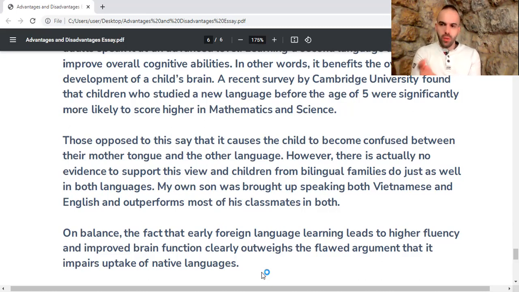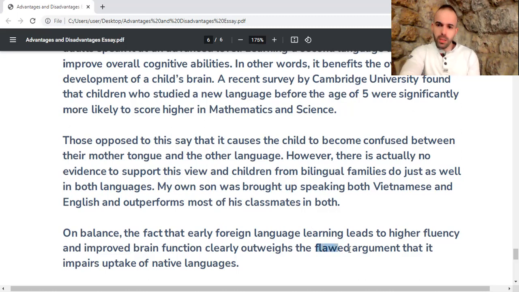So if you go back to the introduction, by the way, you would notice that the conclusion is completely paraphrasing the introduction. That's it. So the conclusion is a paraphrased version of the introduction. And as you can see, I have included my opinion again when I said clearly outweighs this. So you have to restate the opinion in the conclusion again. So amazing, okay?